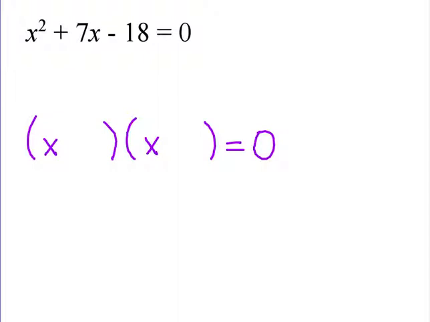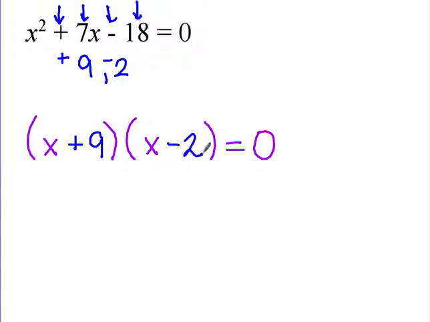So now I'm looking for two factors of 18 that differ by 7, and you've already said 9 and 2. How do you get a +7 from 9 and 2? +9, -2. And so my two solutions will be -9 and +2. Questions?